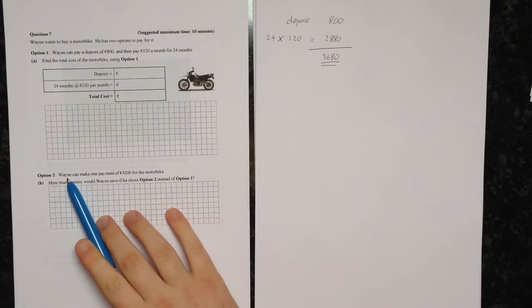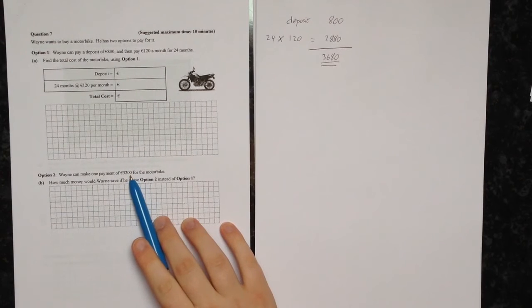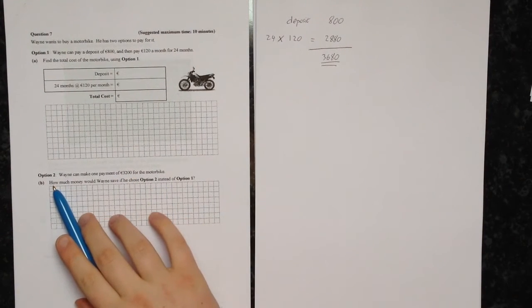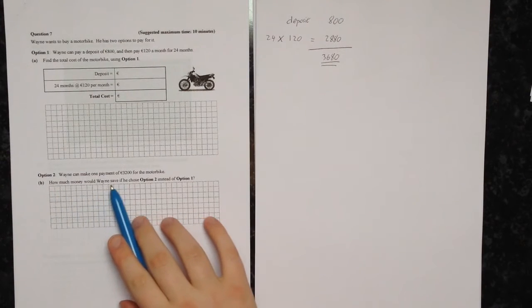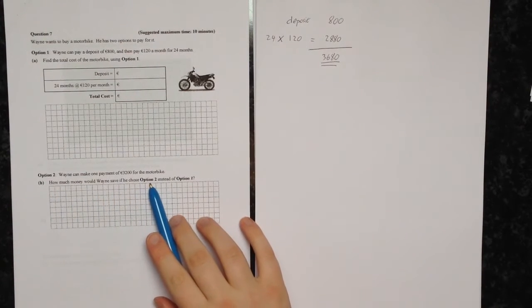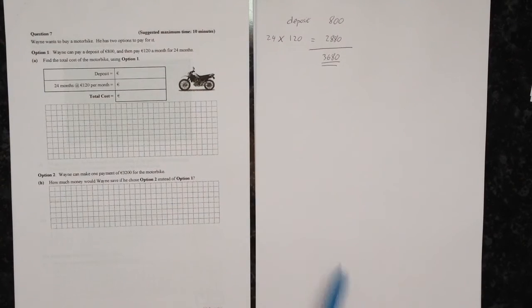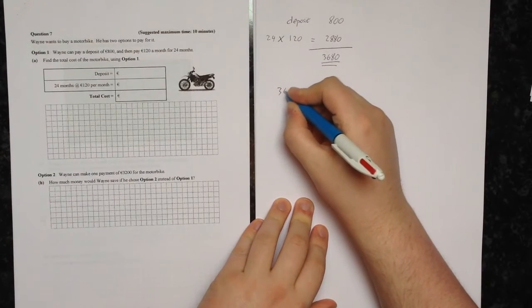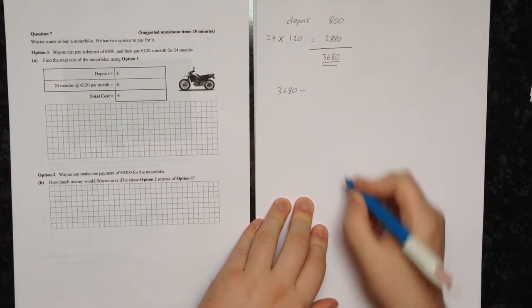Now, option 2 is that Wayne can pay 3,200 all at once. So question B says how much money would Wayne save if he chooses option 2 instead of option 1? So all they're asking here is what is the difference? So option 1 costs 3,680.